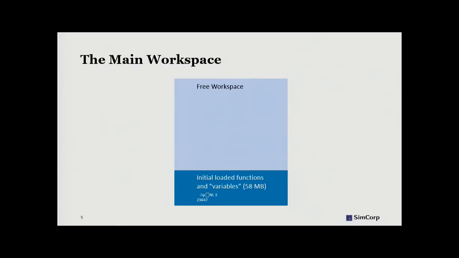So in our normal initial workspace, we have around 33,000 functions and over 100,000 variables that are assigned when you load it. And all in all, it takes up 58 megabytes.